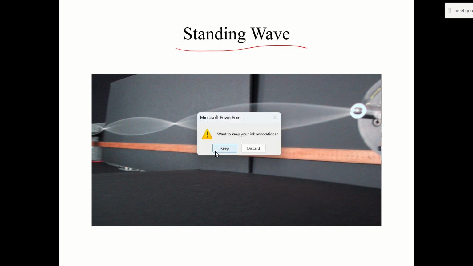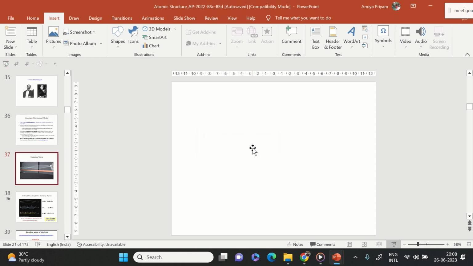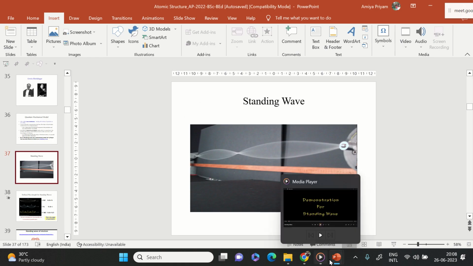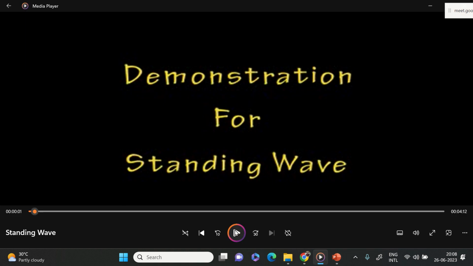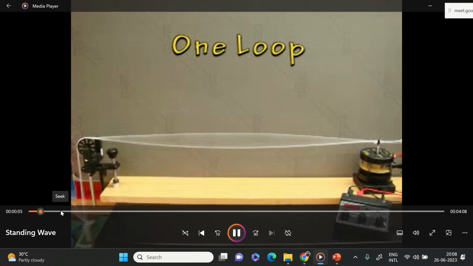So if you understand, what is a standing wave? So electrons were treated as a standing wave. So first let's try to understand what is a standing wave.